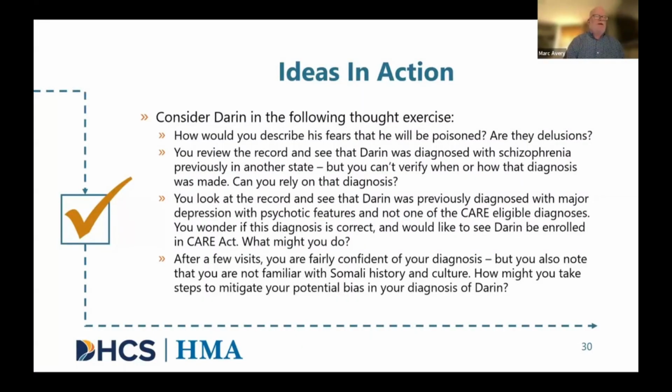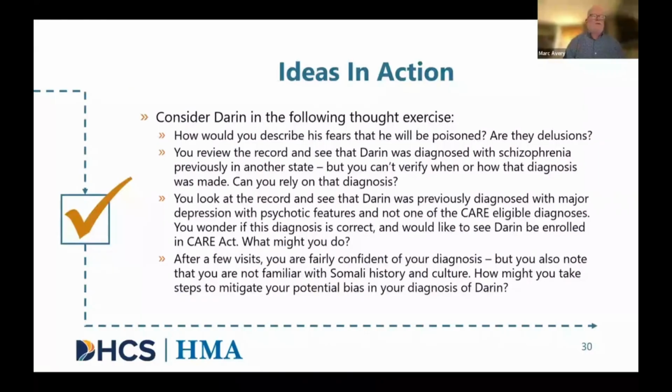Okay, another sort of trick question. You look at the record and see that Darren was previously diagnosed with major depression with psychotic features and not schizophrenia or one of the CARE Act eligible diagnoses. But you don't think that diagnosis is correct, and you'd like to see Darren be enrolled in the CARE Act program.